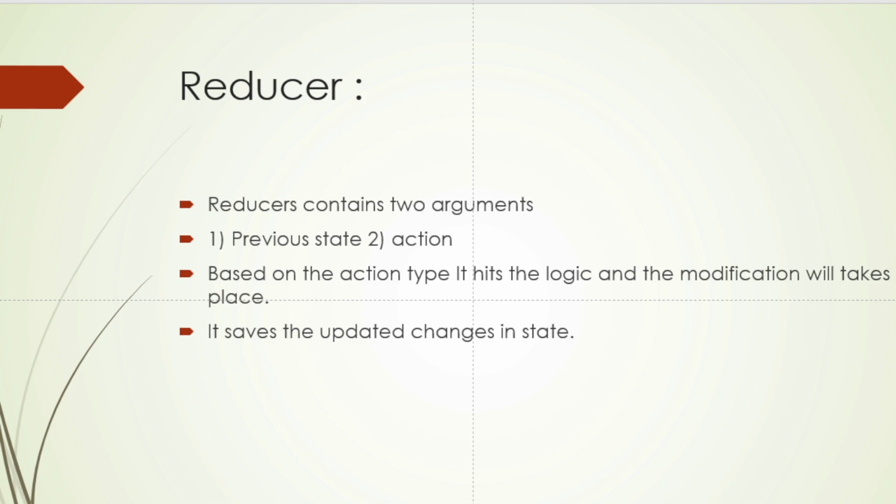So it carries the previous state and the action with its payload. Based on the action type, it hits the logic and does the modifications, and the updated data is stored in the state. It saves the updated changes, and based on the updated data, our component is also updated from the data we retrieve from the store. So this is how the flow happens.